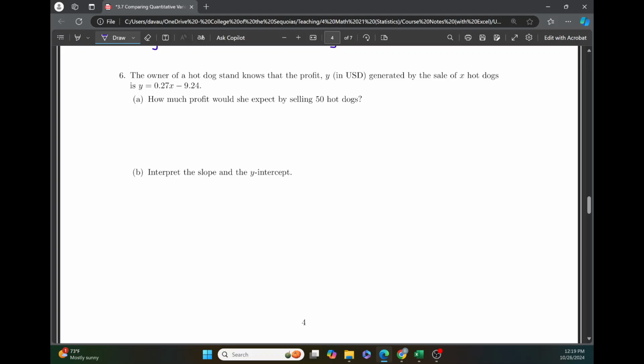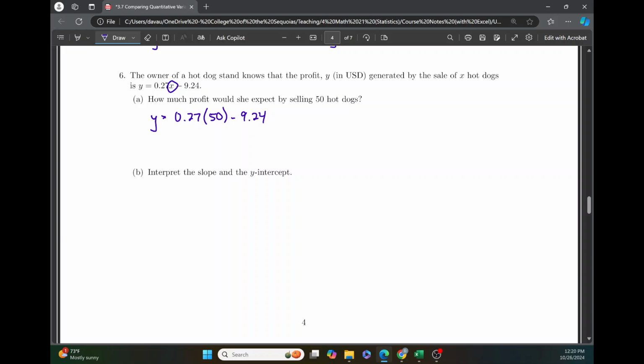Okay, so remember, X represents the number of hot dogs that she sells. Y represents the profit that she gets. If we want to know how much profit she gets by selling 50 hot dogs, we would replace X in this formula with 50, right? We would say Y equals 0.27 times 50 minus 9.24.